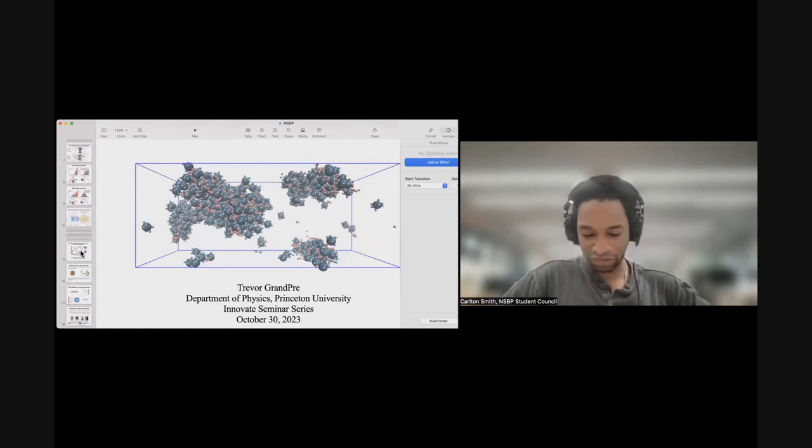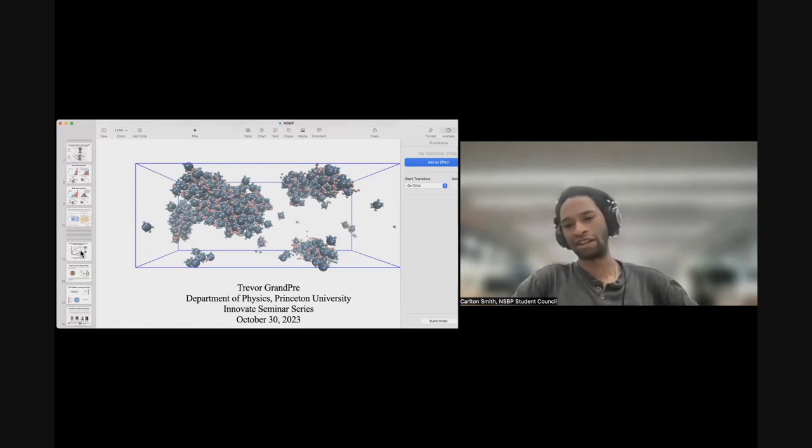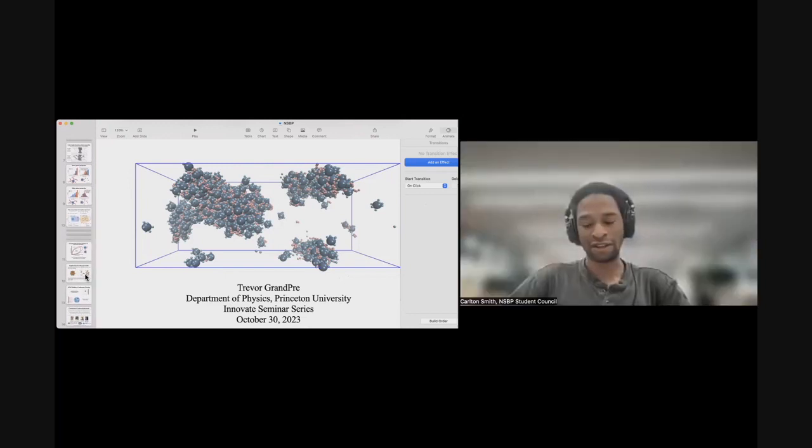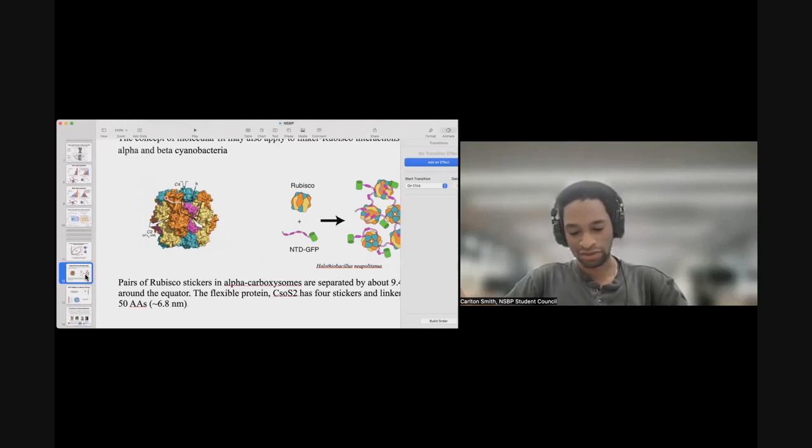But I think this last question is somewhat broad. I remember earlier in the talk you had mentioned that Rubisco is commonly seen in multiple photosynthetic organisms, and that the stickiness between Rubisco and EPYC serves some functional purpose.